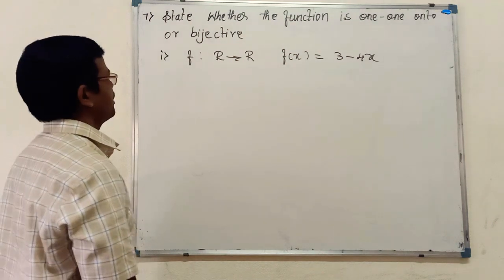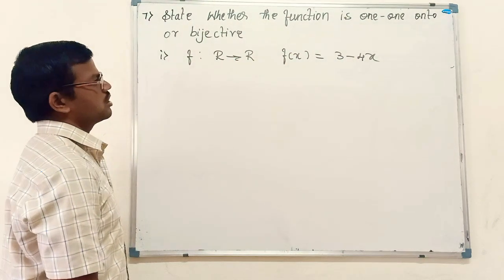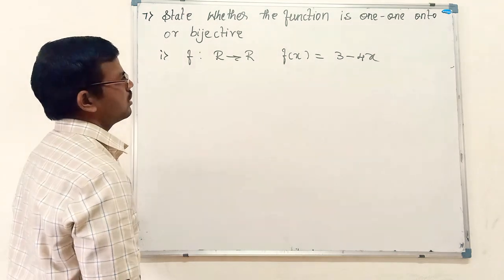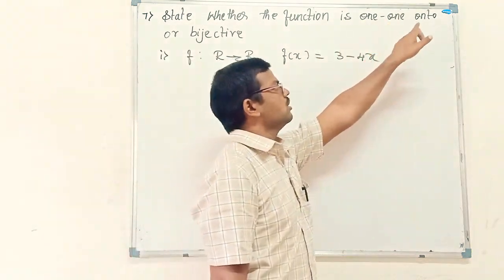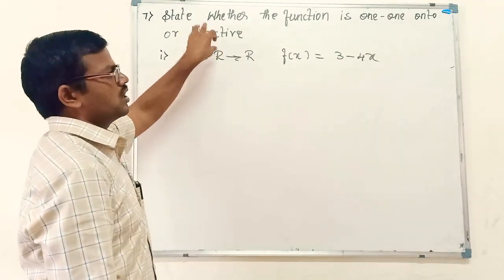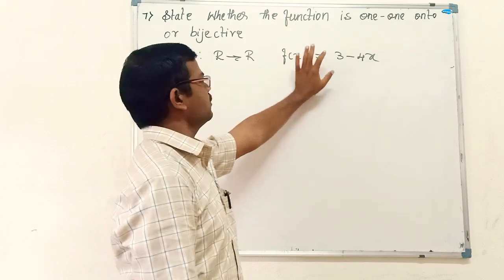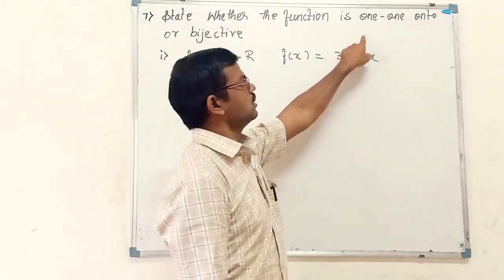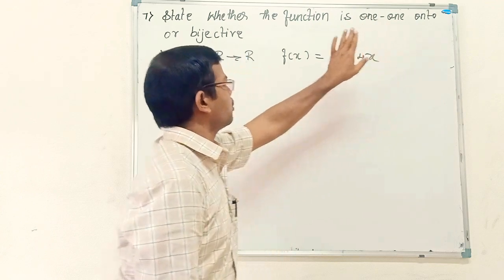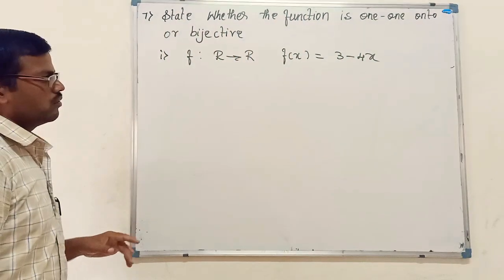So next, the 7th question. State whether the function is 1-1 onto, that is, bijective. If the function is 1-1 onto, then it is called a bijective function. First, we have to verify whether the given function is 1-1 and onto. If it is both 1-1 and onto, then it is bijective.